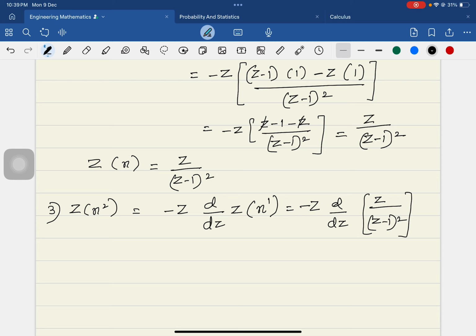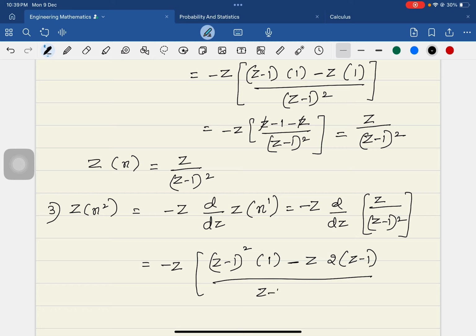Okay, now how will we rewrite this? Minus z into, again using the u by v formula, z minus 1 the whole square into the derivative of z, which is 1, minus z times the derivative of z minus 1 the whole square, which is 2 into z minus 1, over z minus 1 the whole power 4.